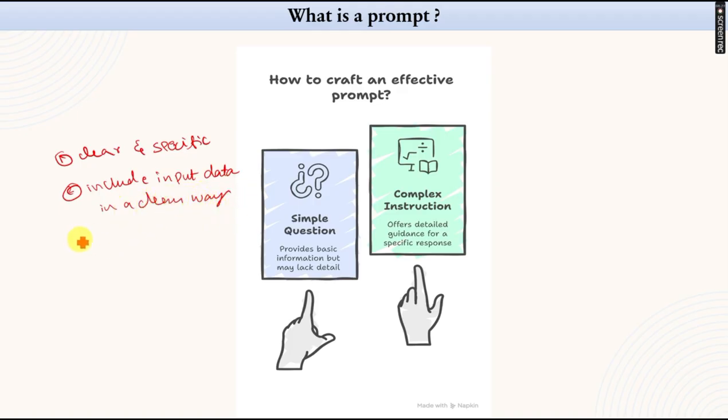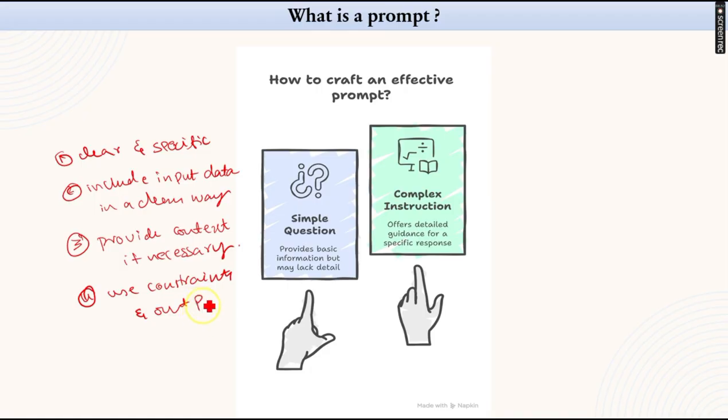If additional background information is needed, provide context in a separate sentence before or after the input. Let the AI know any special conditions by adding constraints like length limits, tone preference, or required structure. And finally, if you want the answer in a particular format, include an output indicator such as respond in JSON format or list the steps in order.